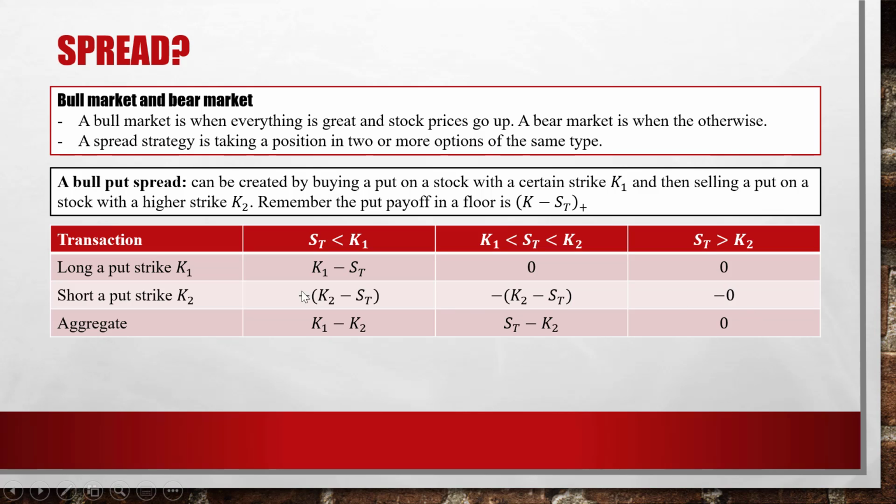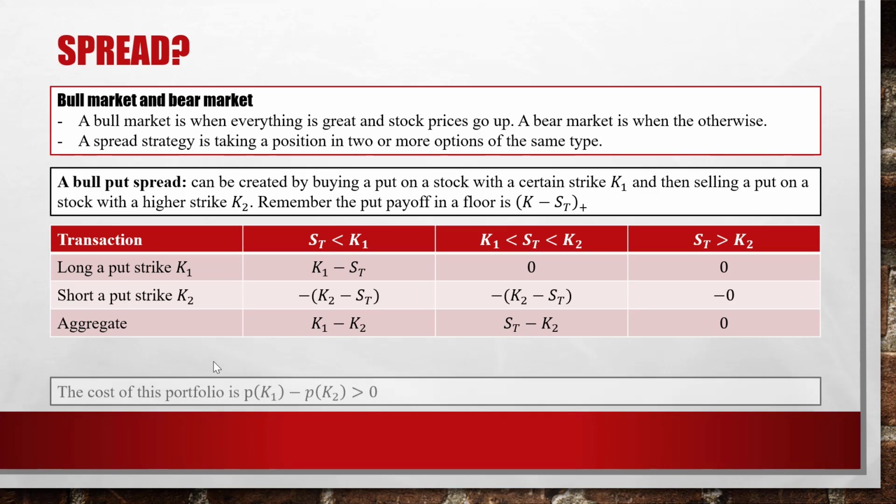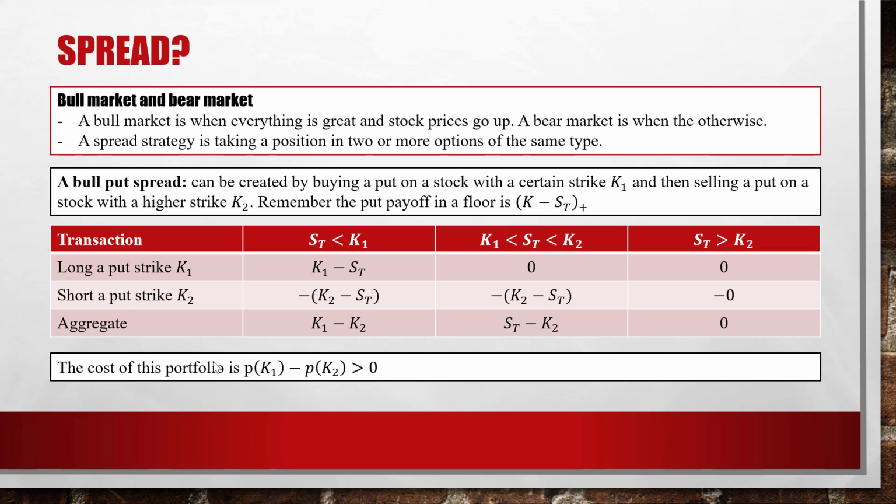And then we aggregate by adding column by column. So the payoff of a bull put spread here should be either K1 minus K2, or ST minus K2, or 0 depending on where the stock price stands. And the cost of this portfolio is the put option of strike K1 subtract the put option of strike K2, and it should be positive.